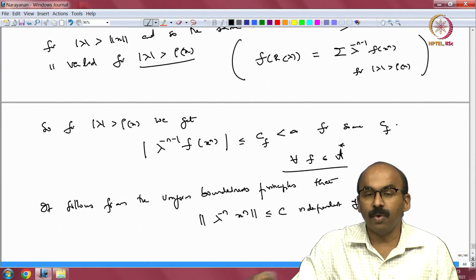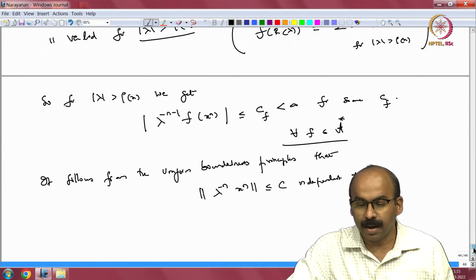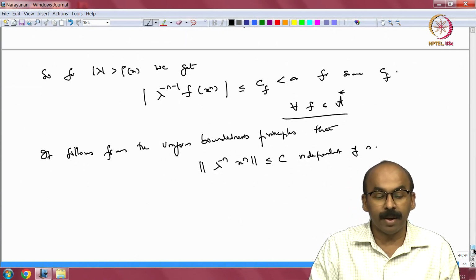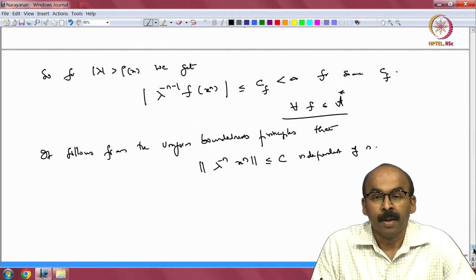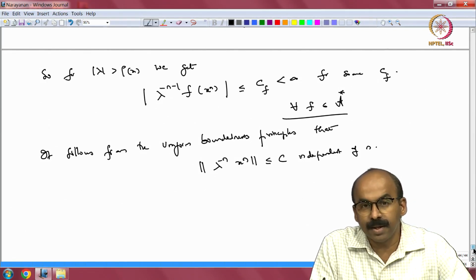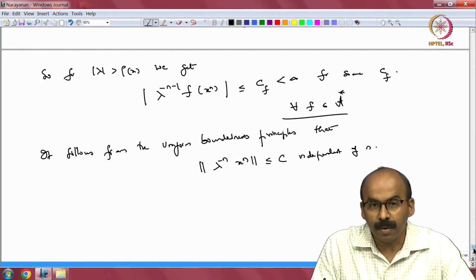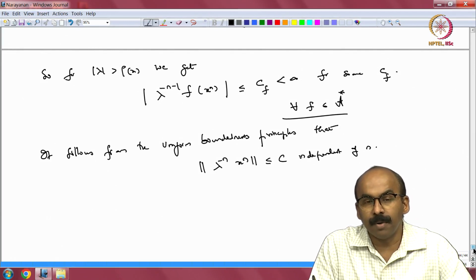So, what we are doing is we are looking at the set x to the n's and applying lambda to the minus n. What we have seen in the previous line is that if I apply f to it, where f is from A star, then f of that is lambda to the minus n minus 1, the constant comes out, and I have f of x to the n.